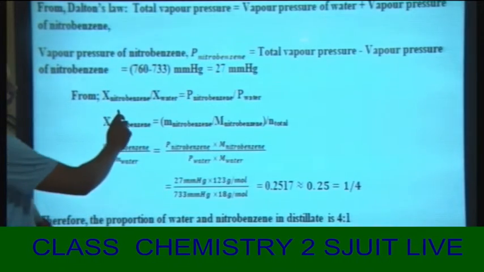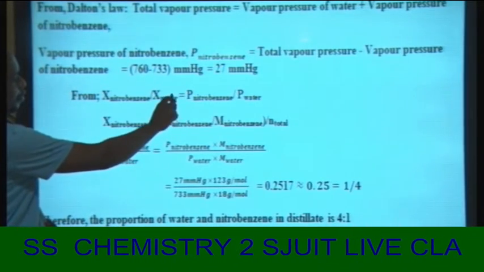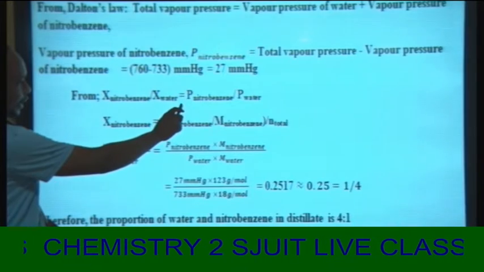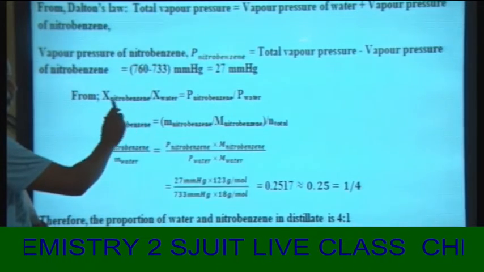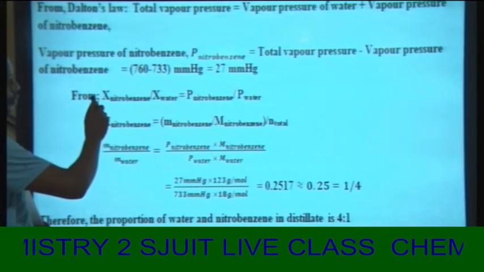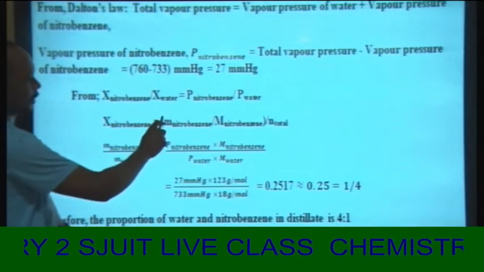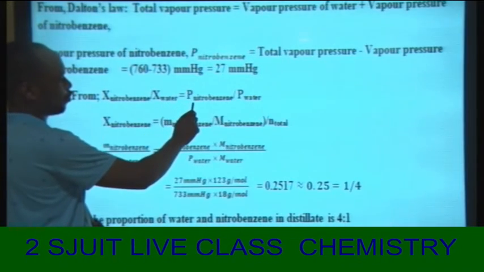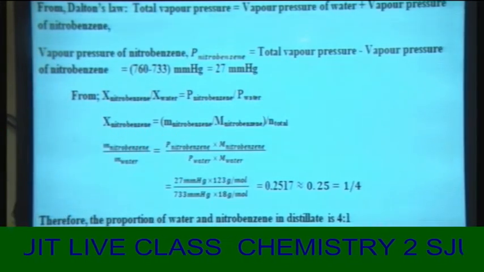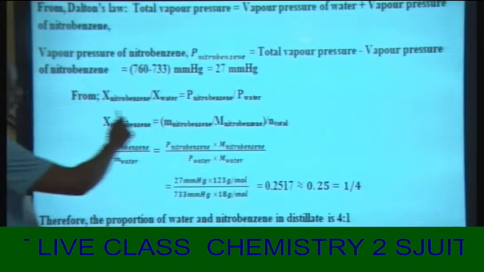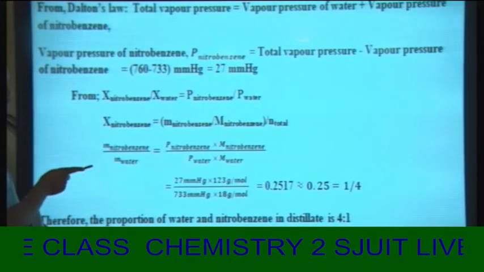This is expanded from the formula for partial pressure of an individual component, that is nitrobenzene. Therefore, this term is the mole fraction of nitrobenzene and water. Again, we divide the partial pressure of nitrobenzene by the partial pressure of water. From this relationship we are going to establish the proportion in terms of mass.